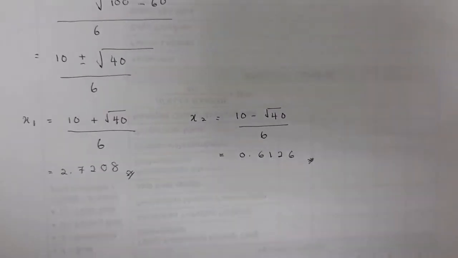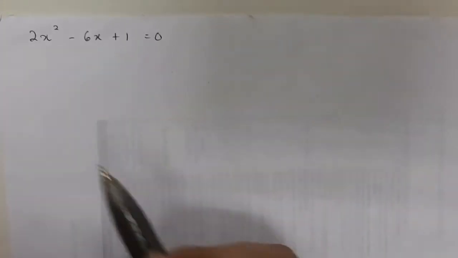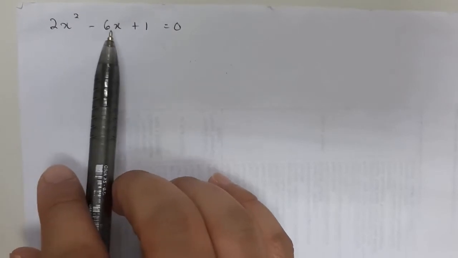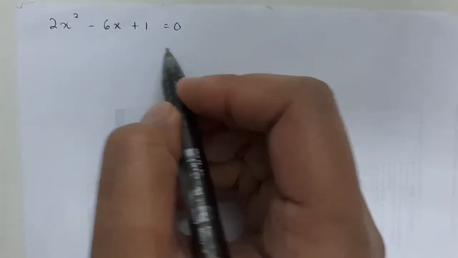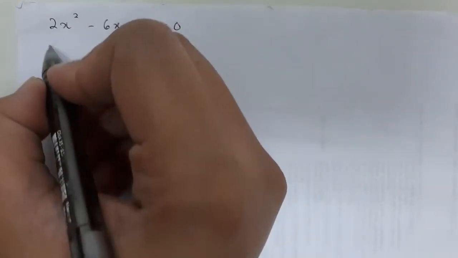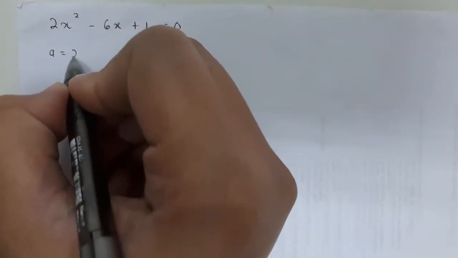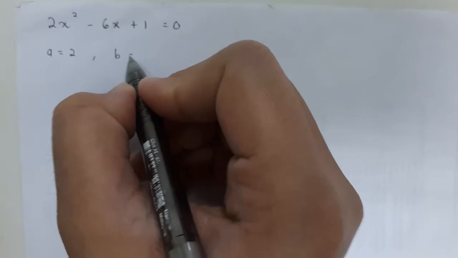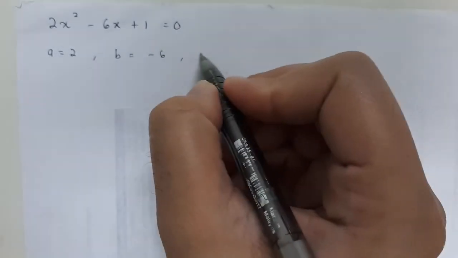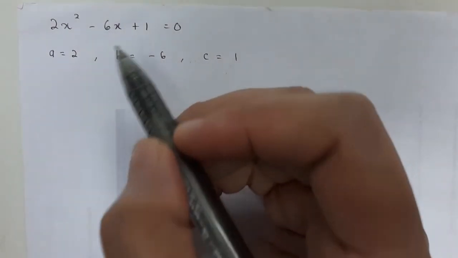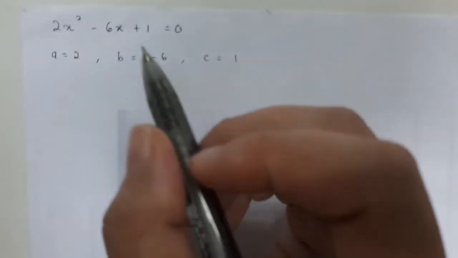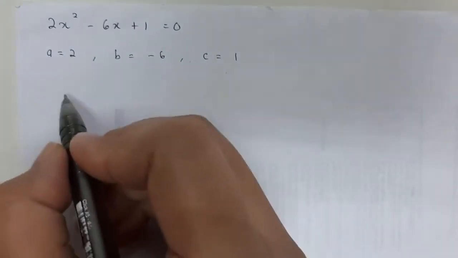Okay, the last example. Here we have 2x squared minus 6x plus 1 equals 0. So from this equation, A equal 2, B equal negative 6, and C equal 1. So again, we want to find the values of x by using quadratic formula.